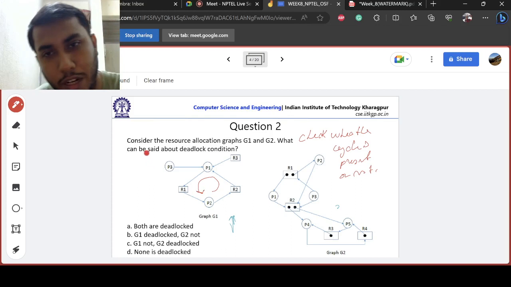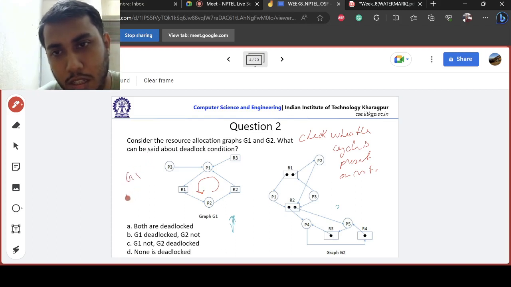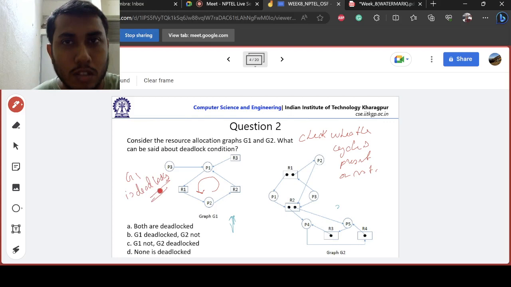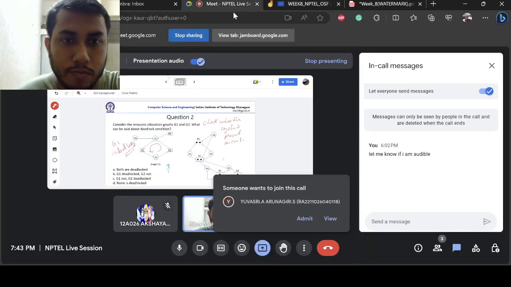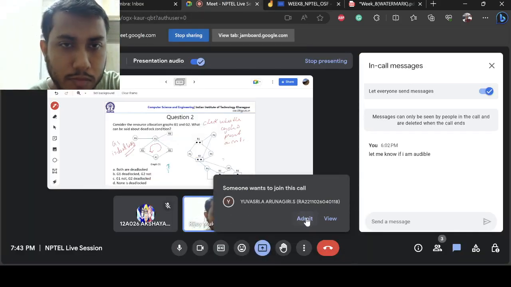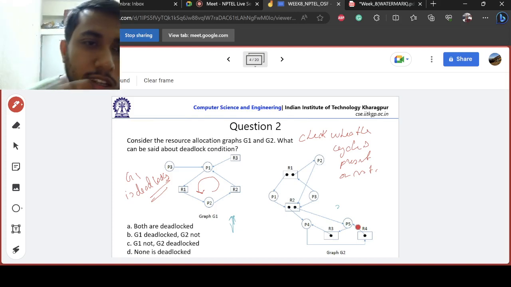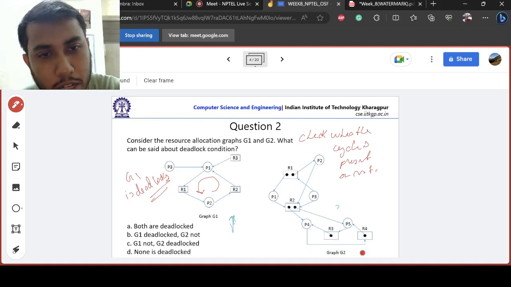So G1 is deadlocked. Now what about G2? In G2 you see this part of the graph.